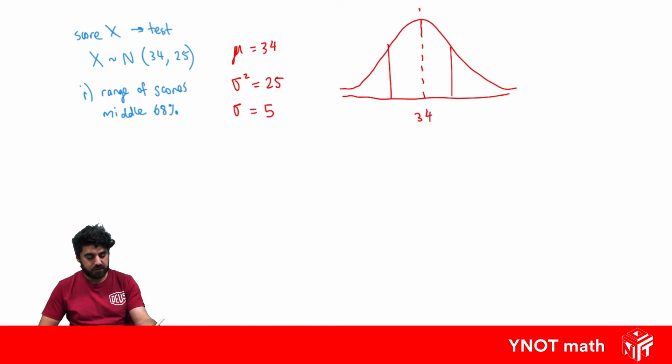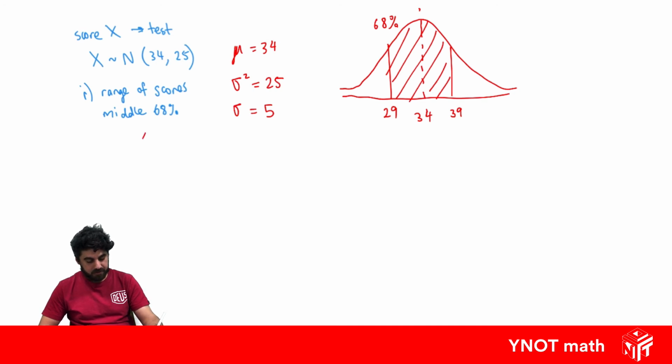So we know standard deviation is 5. So this point here must be 39, and this point must be 29. And this accounts for the middle 68%. So we know the answer to the range of the scores in the middle 68%. That would mean that the score in the test should be between 29 and 39.